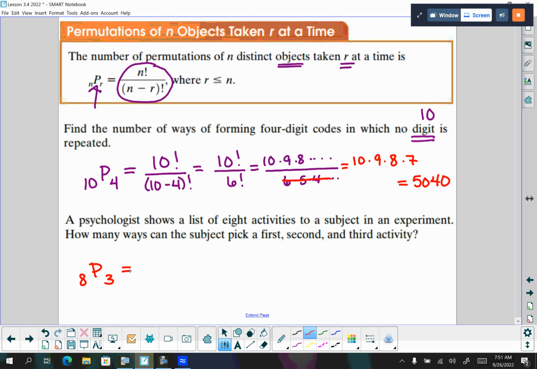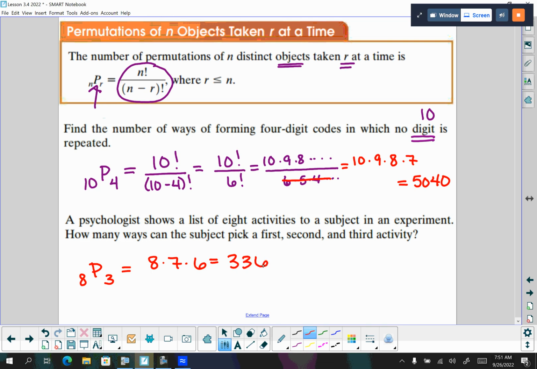So that would be my notation for it. You can set up the formula if you want, or you can just say 8 times 7 times 6. I have 8 choices for first, 7 choices for the second, 6 for the third. That's ultimately what it's going to look like. And our answer is 336.